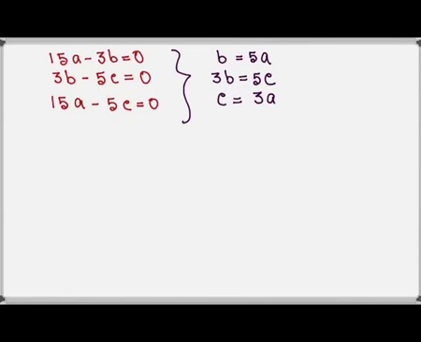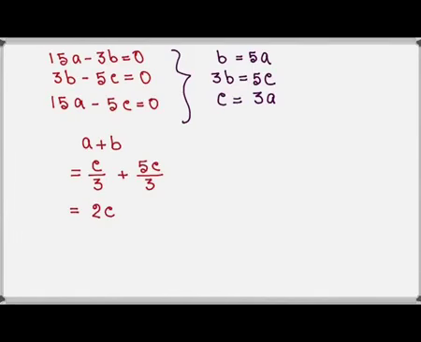Now using these we can see that a plus b is equal to c by 3 plus 5c by 3. That means a plus b is equal to 2c.